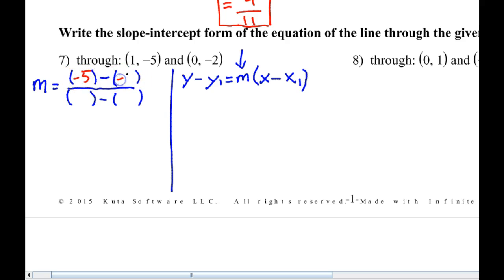So y is on top, x is on the bottom. Simplify.